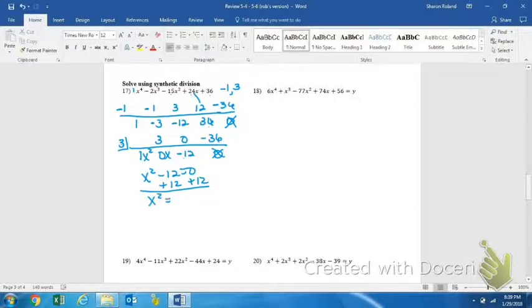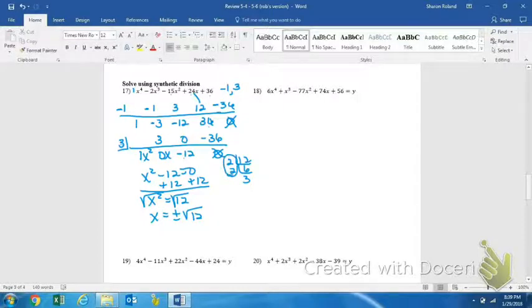x squared is 12. And when you take the square root of both sides, x equals plus or minus root 12. Root 12 does break down, so I'm going to come over here. Prime numbers that divide into 12 are 2, and it goes into there 6 times. 2 goes into 6 3 times.